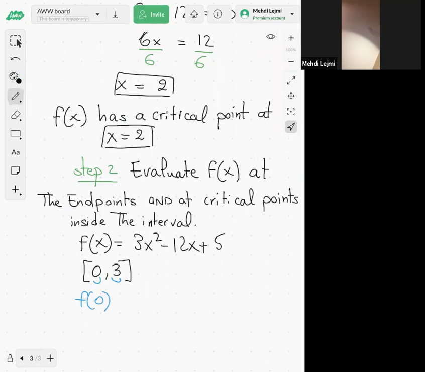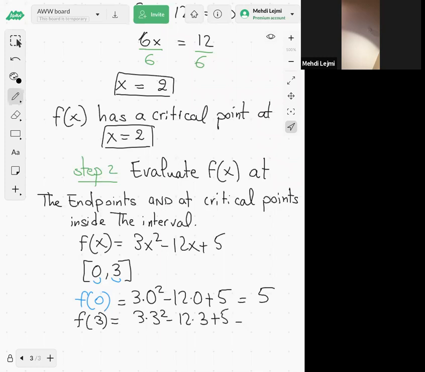That will be 3 times 0 squared minus 12 times 0 plus 5, so that will be positive 5. Now f of 3 is 3 times 3 squared minus 12 times 3 plus 5.